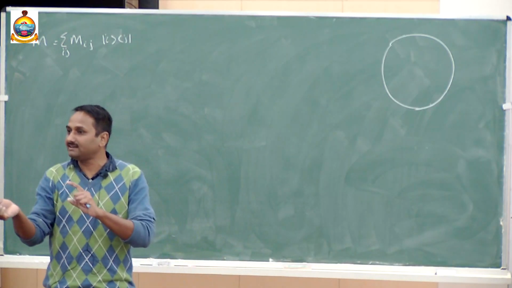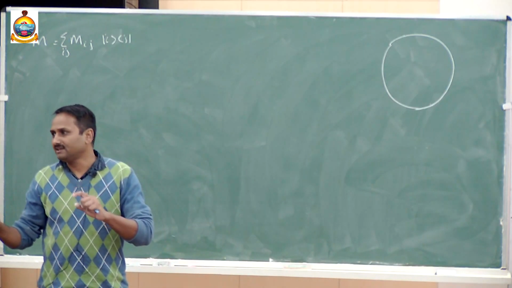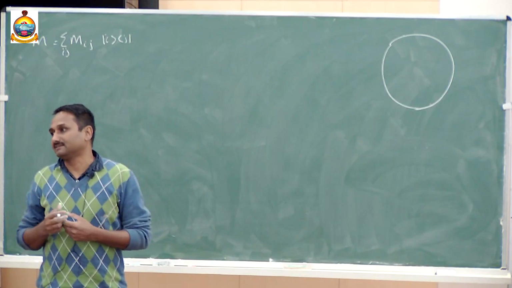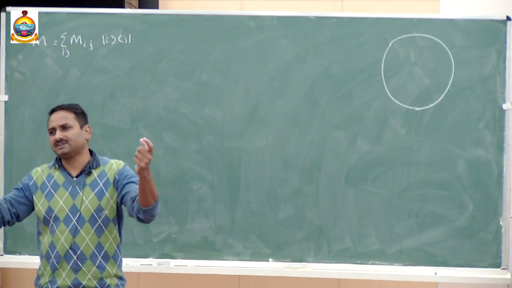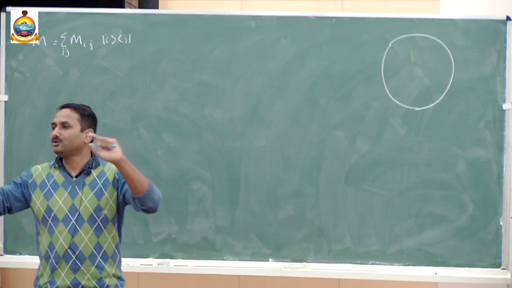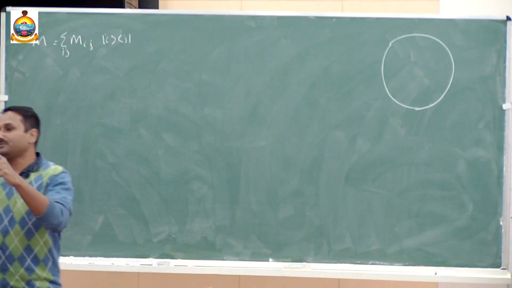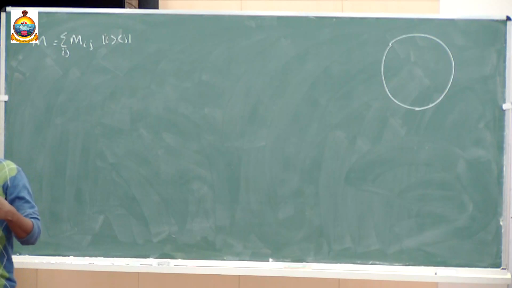They can go to left and right with equal probability, and each particle is just doing that. I don't know how many particles there are. You put whatever number of particles on a lattice, which is a ring, and then if you ask it to evolve, because each site is the same and all particles are equivalent, all configurations will be equivalent here. The probability of all configurations will be the same.